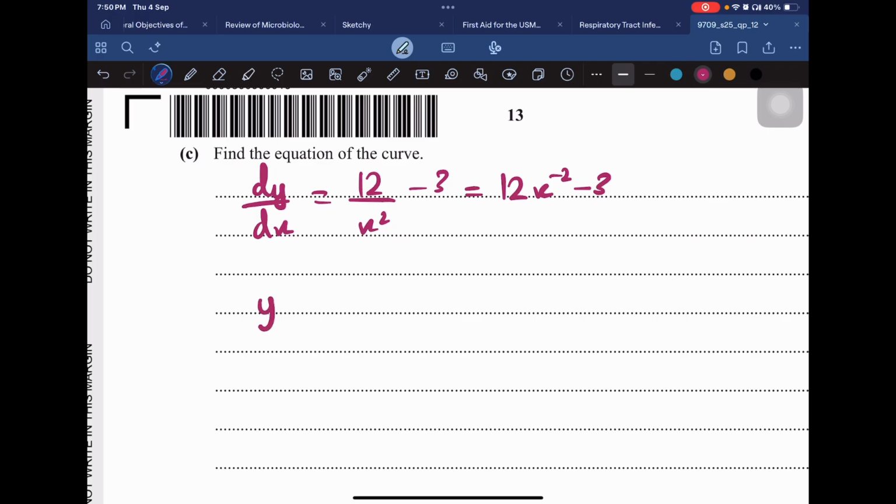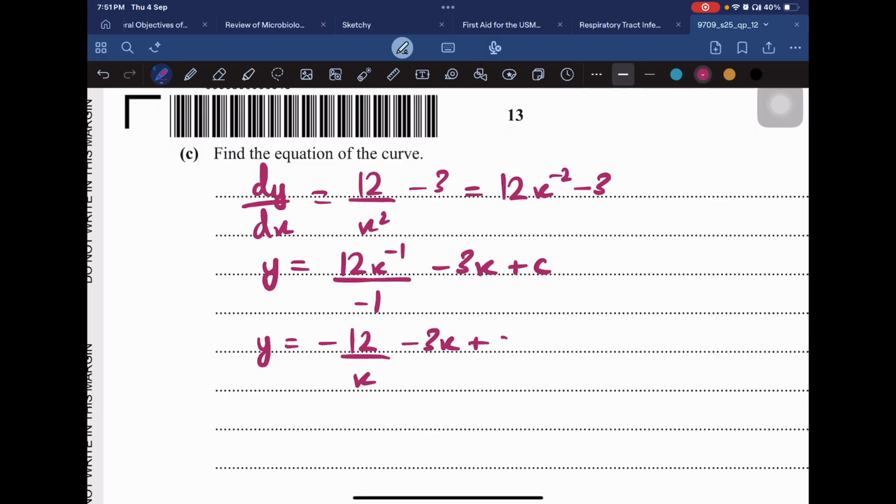Now we're integrating that. We'll increase the power of x by 1, so it will become negative 1 upon negative 1. Minus 3 will become minus 3x plus c. So you can write this as negative 12 upon x minus 3x plus c.